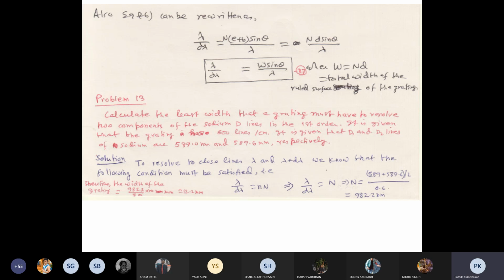Anyway, it is given in this problem that you have a grating of 800 lines per centimeter, and you want to resolve the lines of sodium. To resolve two close lines lambda and lambda plus d lambda, this condition has to be satisfied: lambda by d lambda is nN, and here n is 1.